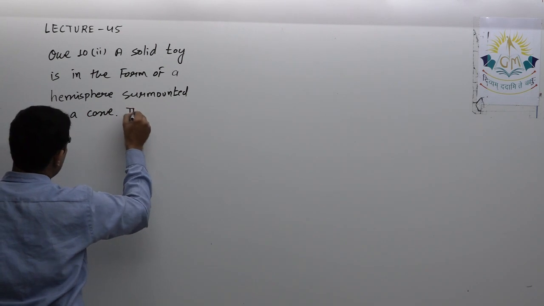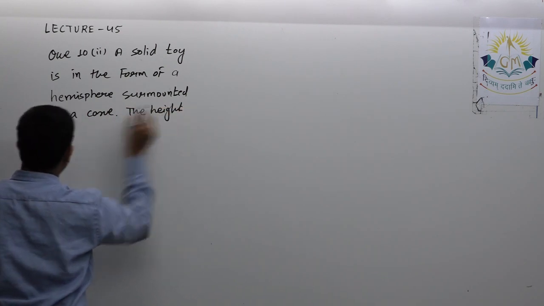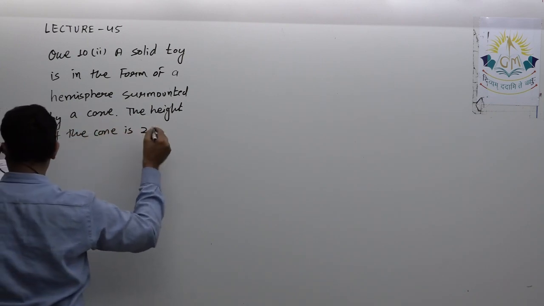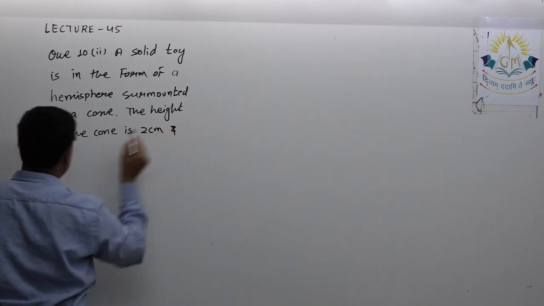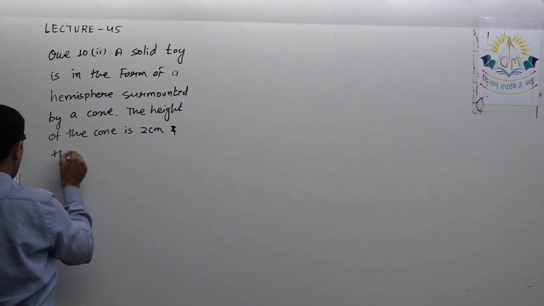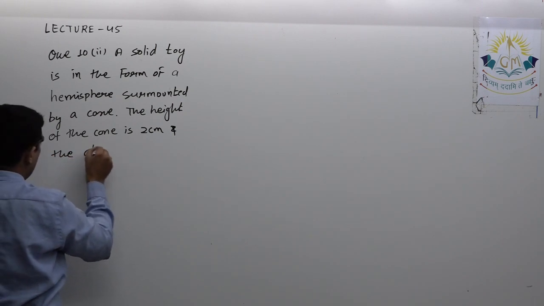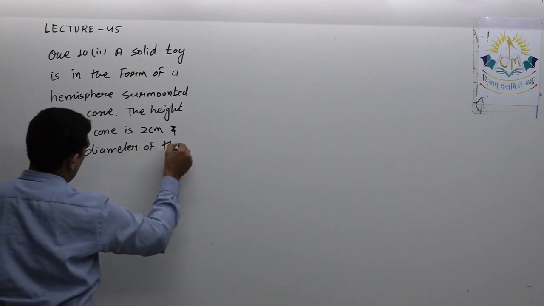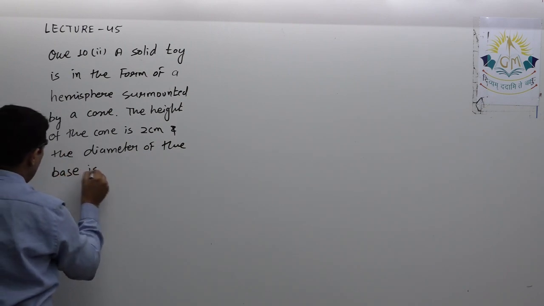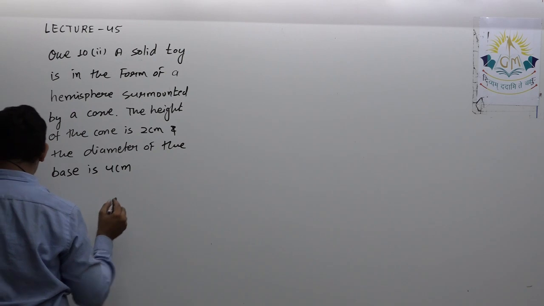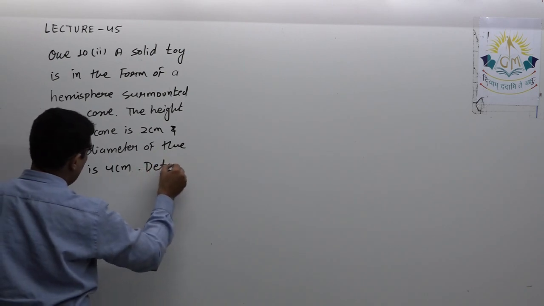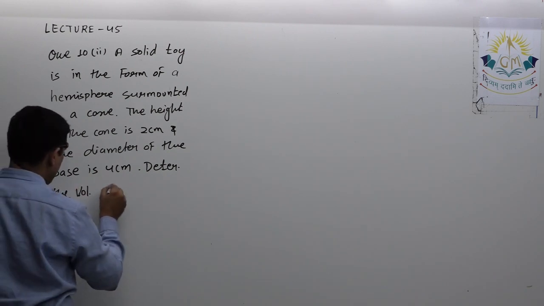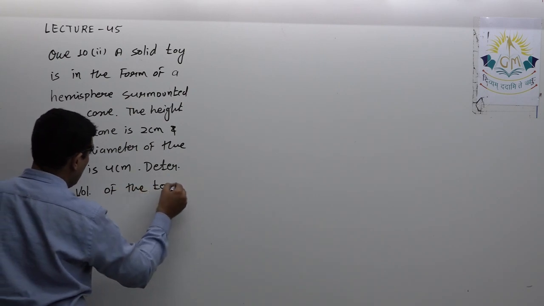The height of the cone is 2 centimeter, and the diameter of the base is 4 centimeter. Determine the volume of the toy.